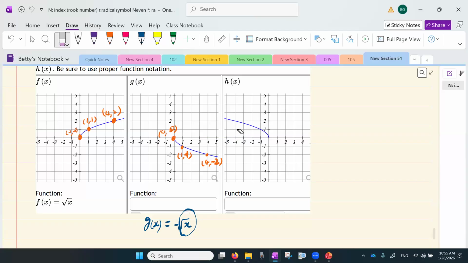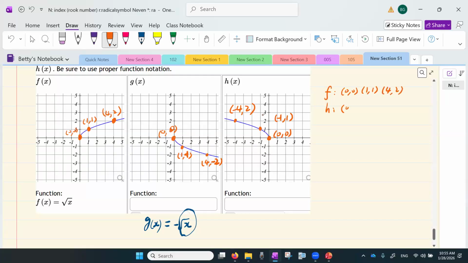For h, let's see what happened to h. (0, 0), (-1, 1), (-4, 2). We're comparing h with f. Ignore g. For f, we have (0, 0), (1, 1), (4, 2).